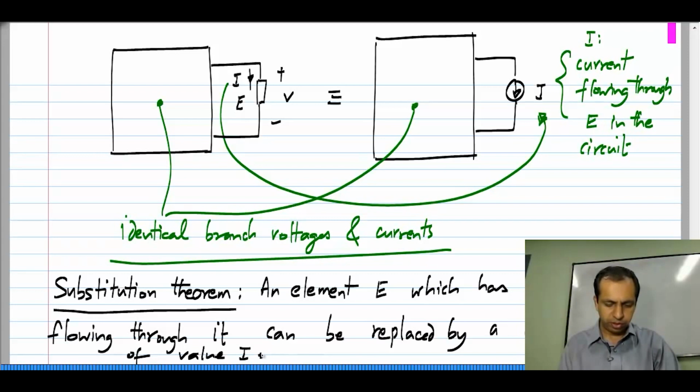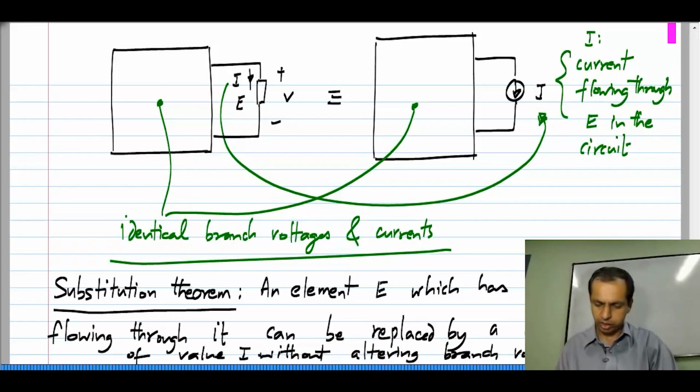And of course, the point is without altering branch voltages and currents, basically without changing the circuit conditions. Okay. So, that is the substitution theorem. I will illustrate it with an example.